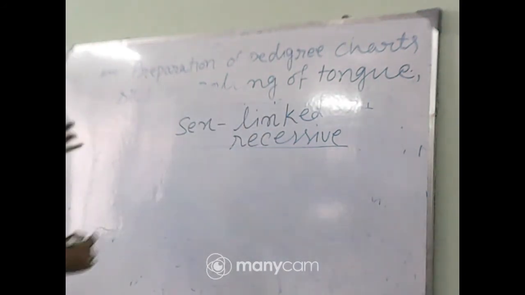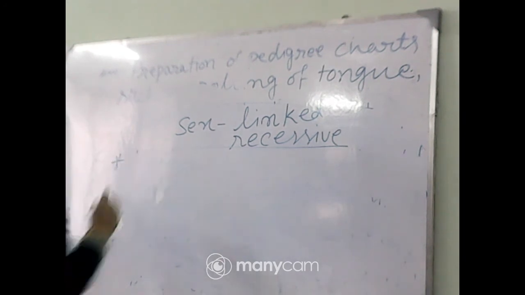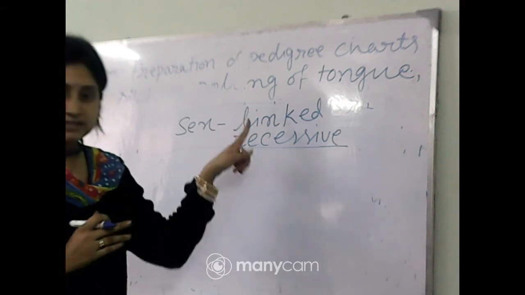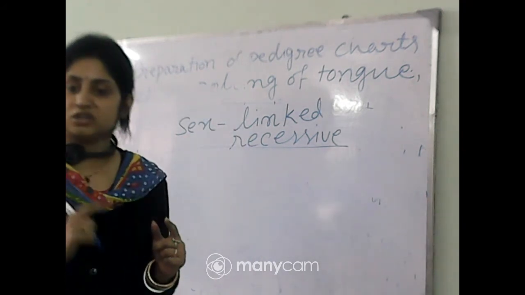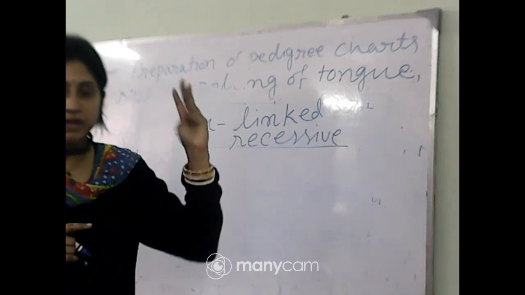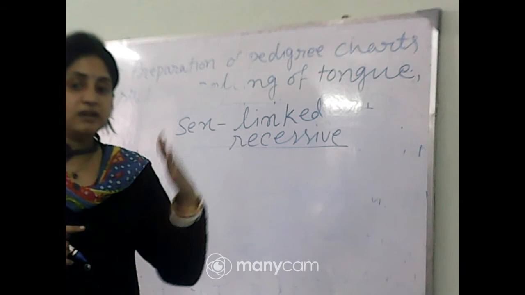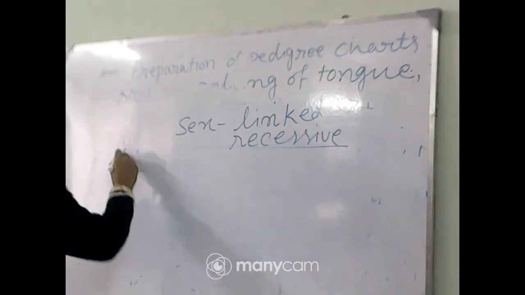Okay, never passed from father to son, always mother to son, father to daughter in sex linked. Remember, mother to son, father to daughter, this is called criss-cross pattern. Okay, always if a son is affected, that means mothers are carriers, if a daughter is affected, fathers are carriers. So that is called criss-cross pattern.